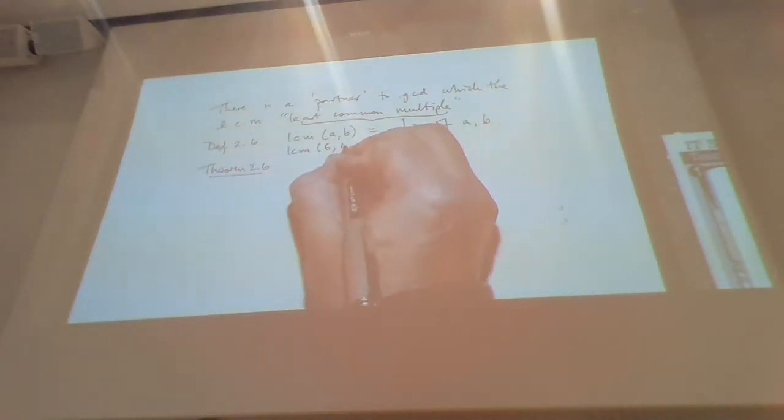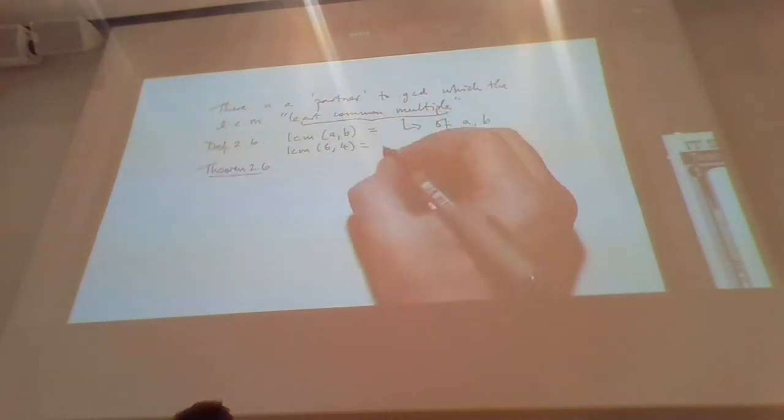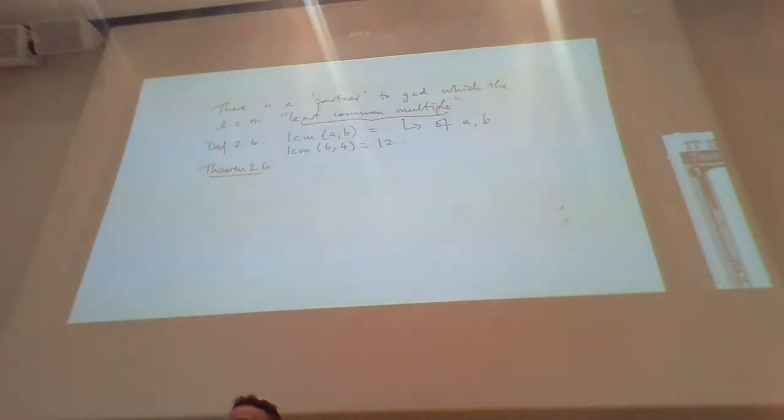The LCM is 12. The GCD is 2. The least common multiple is the smallest number that is simultaneously a multiple of 6 and a multiple of 4.